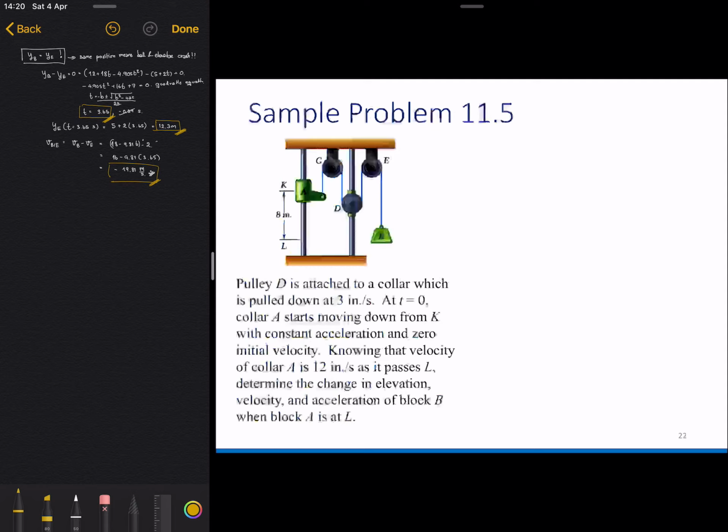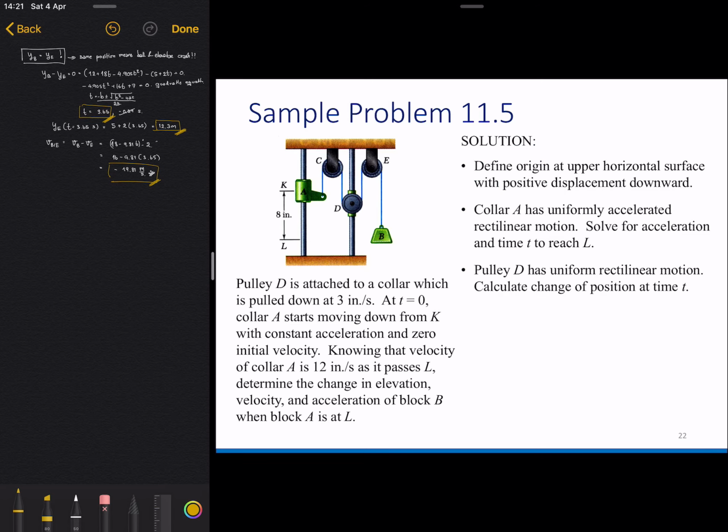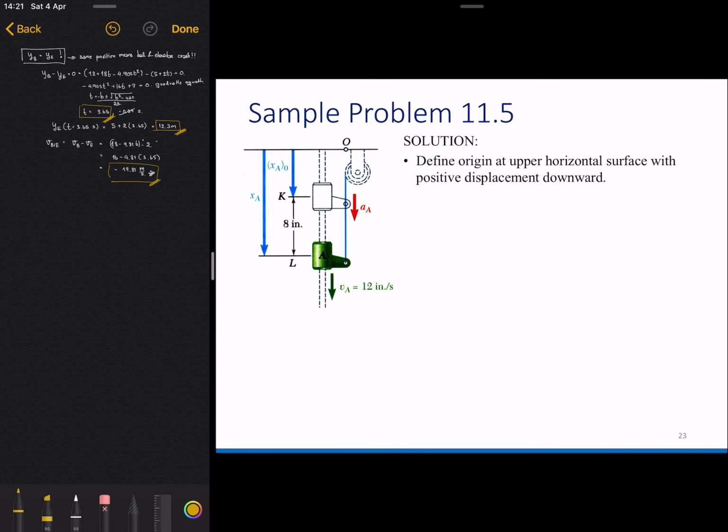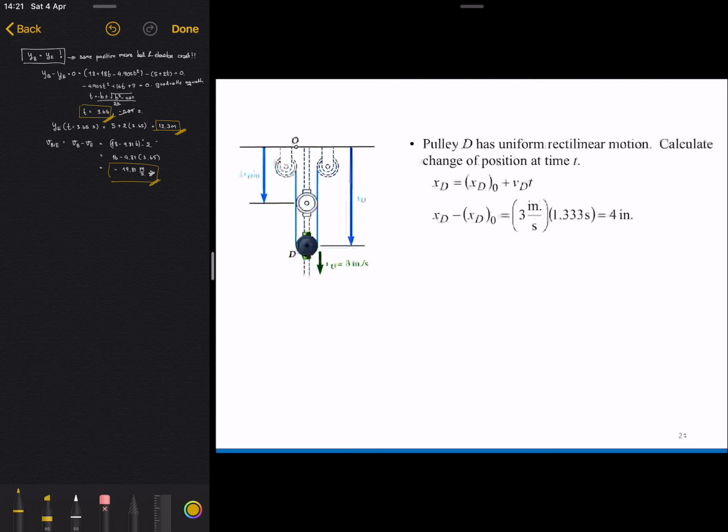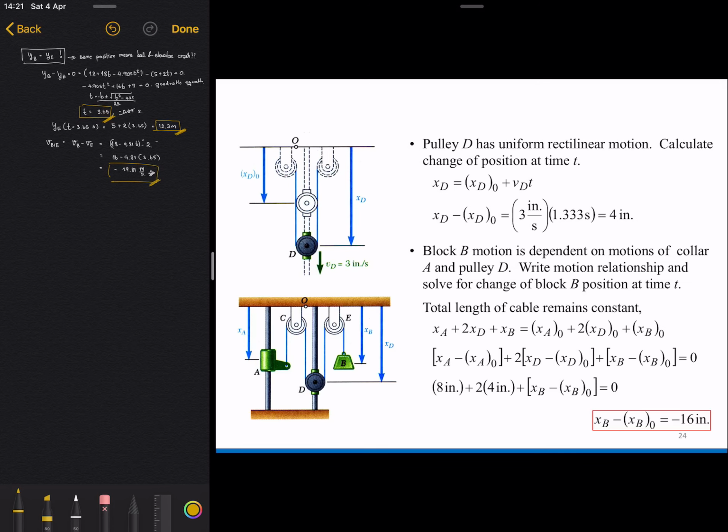But if you are interested in this problem, you can also take a look at these samples. It's similar to what we have done, but what we have additionally for the question is the relations between the objects. For example, here you are also doing the same stuff. You have to find the acceleration and the times where it's asked, okay, and then in the end you have the relations here also.